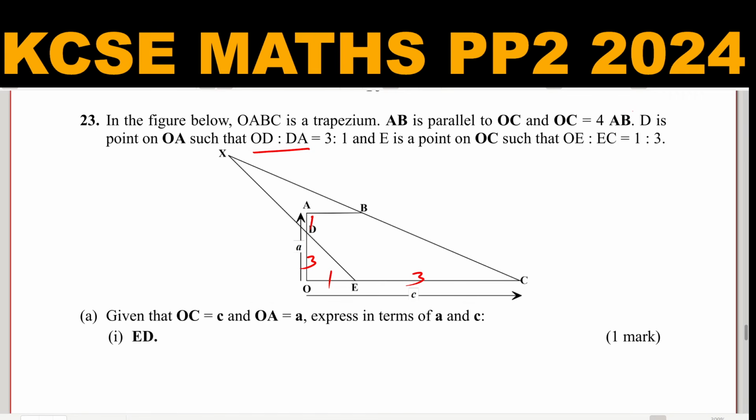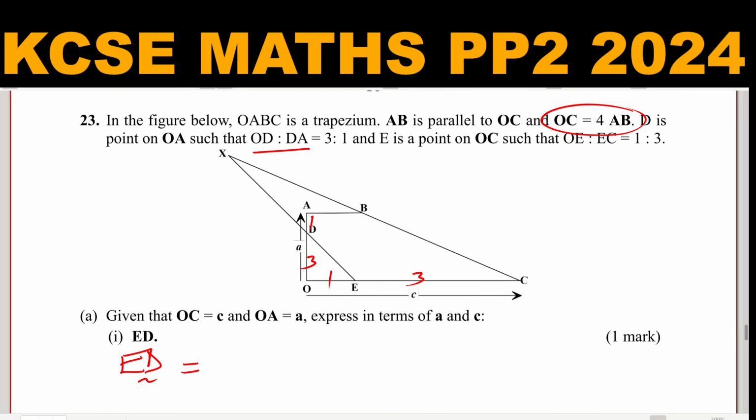And then this one is also very important: OC is equal to 4AB. Part A, given that OC is equal to C and OA is equal to A, express ED in terms of A and C. So how do you move from E to D?